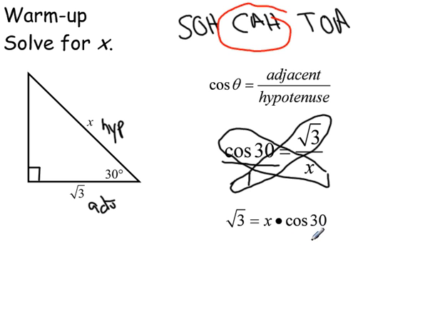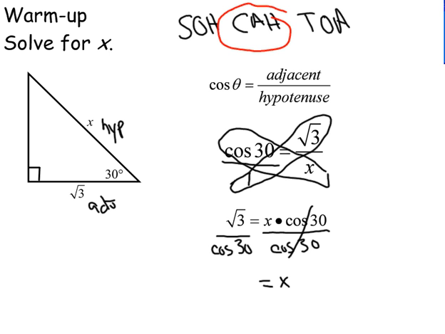I'm going to keep it as cosine of 30 and not use the decimal value, that way I can get an exact value. So I'm going to divide by the cosine of 30 on both sides. This is going to cancel out, and I get radical 3 over the cosine of 30 equals x.